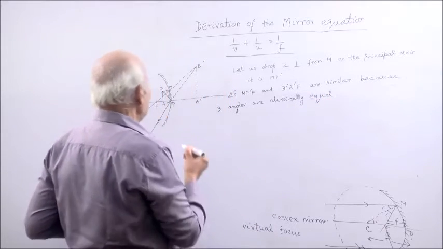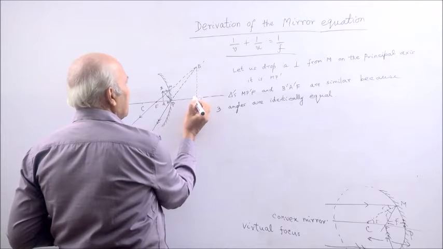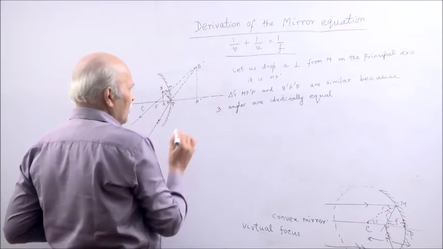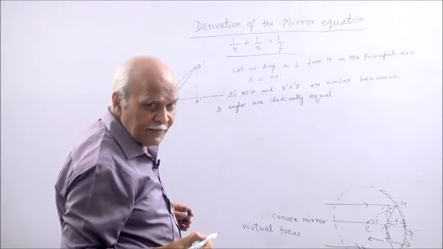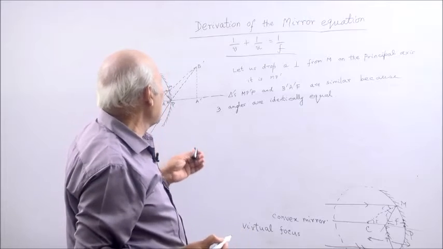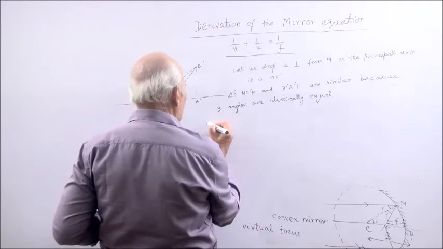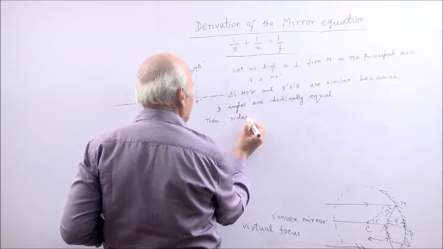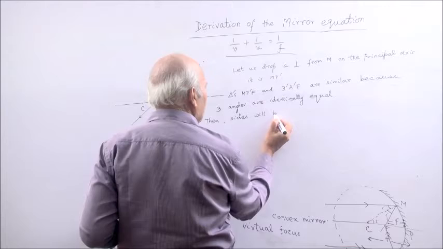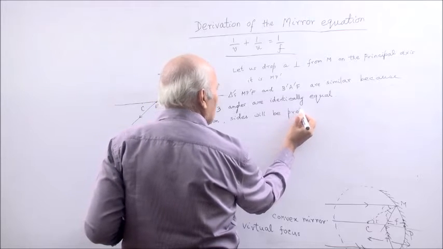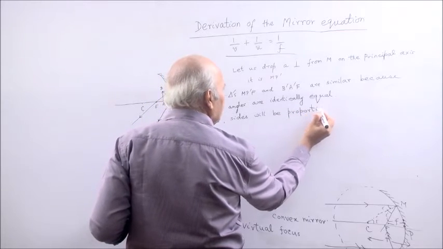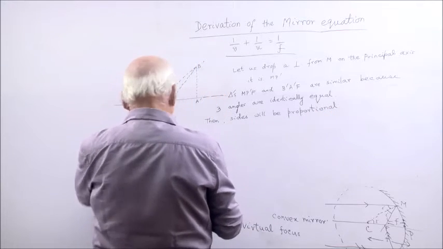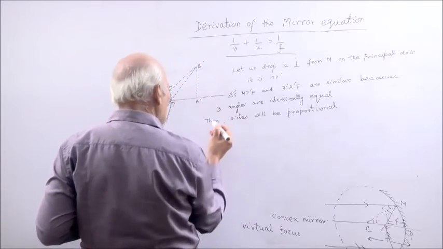One is 90 degrees, another 90 degrees, this angle is common, and the rest is the rest. If the angles are the same, they are similar, and the sides will be proportional.